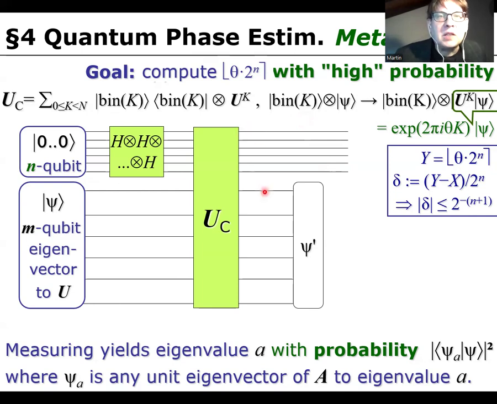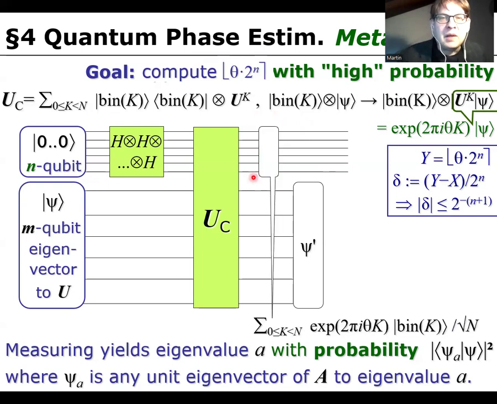And then we're actually interested in the output of the first n qubits, and there's a formula expression for these first n qubits, which again you better verify mathematically by yourself.